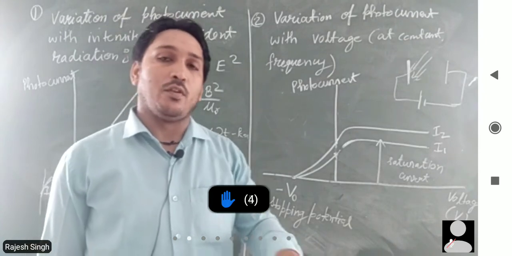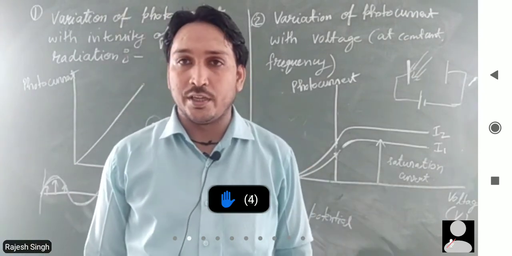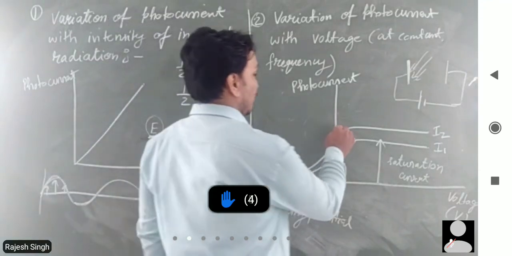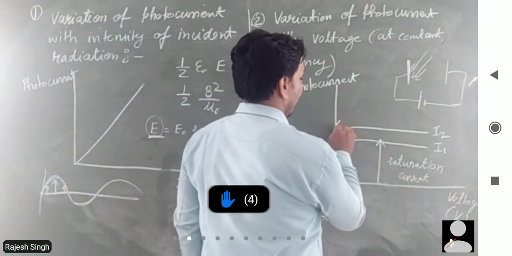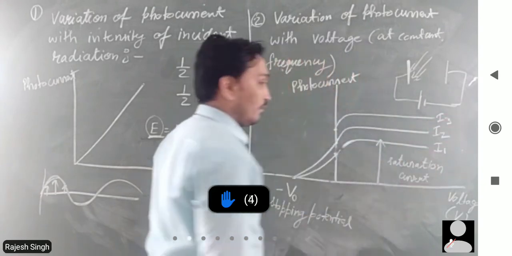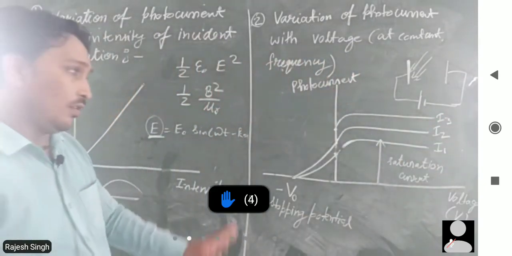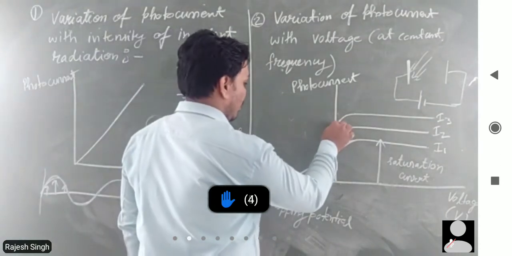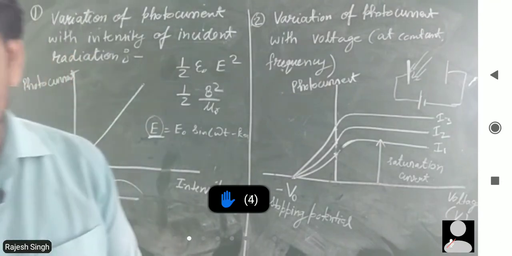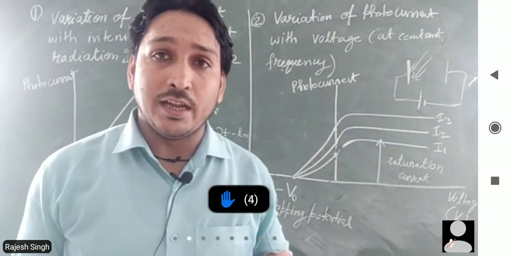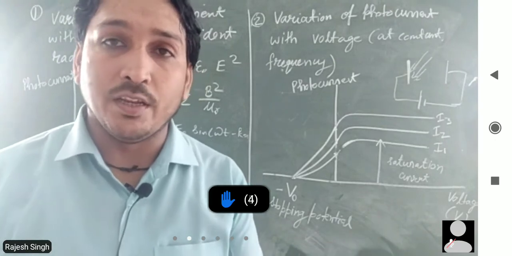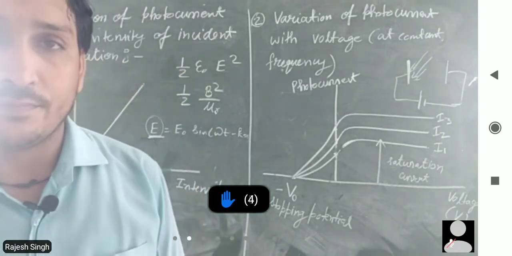We again repeat the experiment with a still higher value of intensity. From here till here, it goes like this. Then again in the negative direction, the stopping potential remains the same. From here, we realize that wave theory is not enough to explain the phenomena of photocurrent.